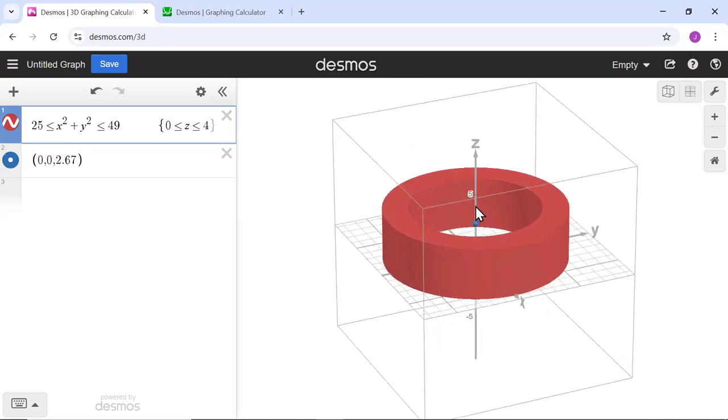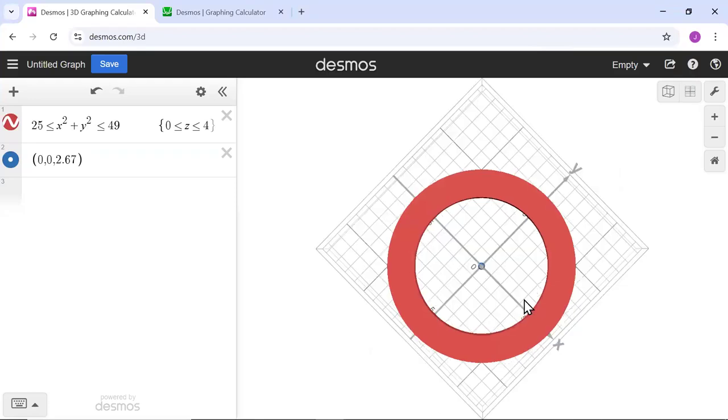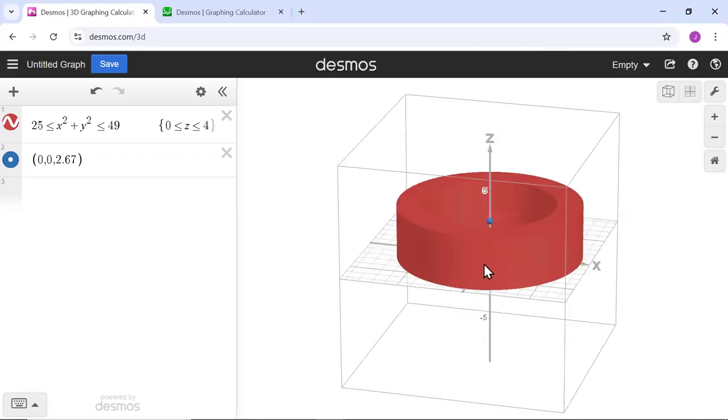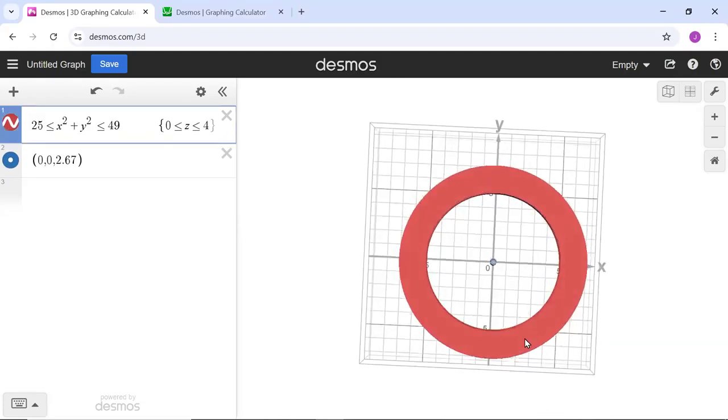Again, it's equally dense in the Y and X directions, but it's not perfectly in the middle here. It's a little bit higher because this object is a little bit denser as you increase Z values. So there you go. That's the center of mass of this annulus with the density function 1/2 Z.